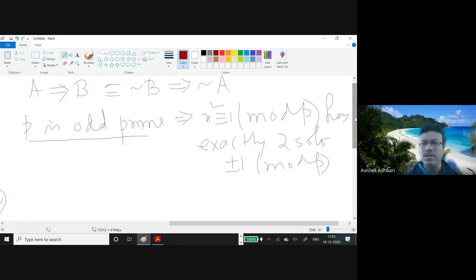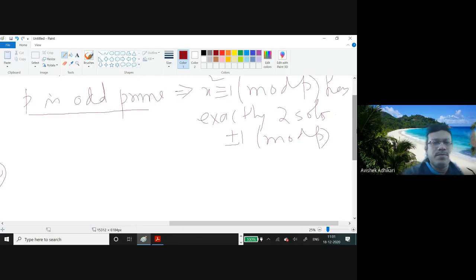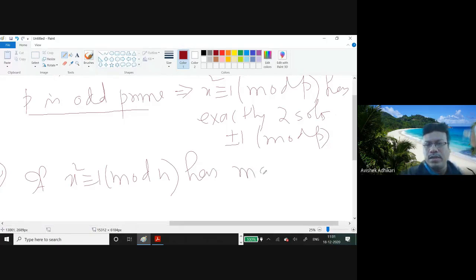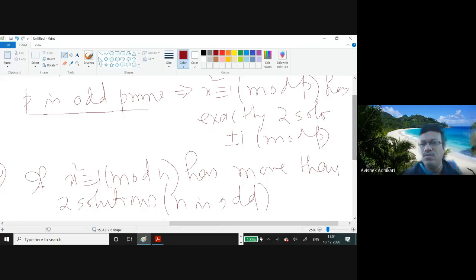So what does it mean? If x square congruent to 1 mod n has more than two solutions, where n is odd, what will be your conclusion?